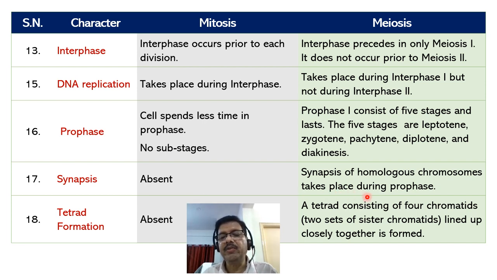It occurs between the two homologous chromosomes during prophase. In tetrad formation, absent in mitosis, a tetrad consisting of 4 chromatids, that is 2 sets of sister chromatids lined up closely together, is formed in meiosis.